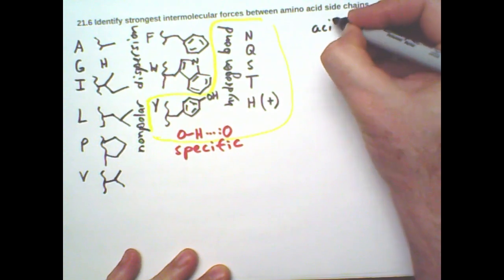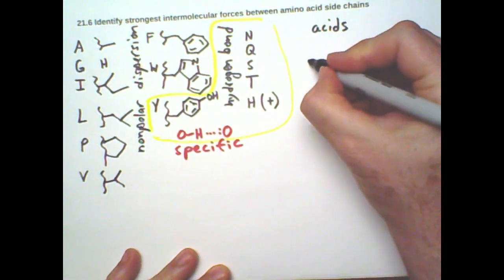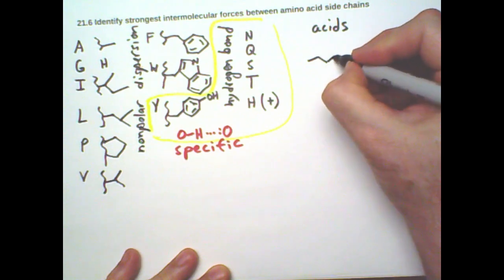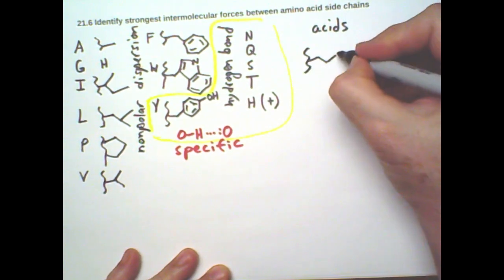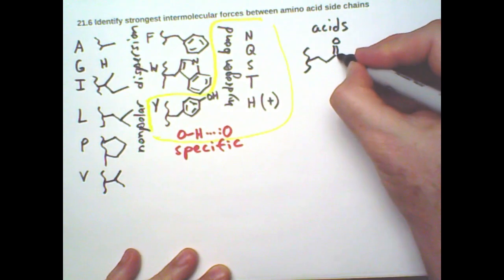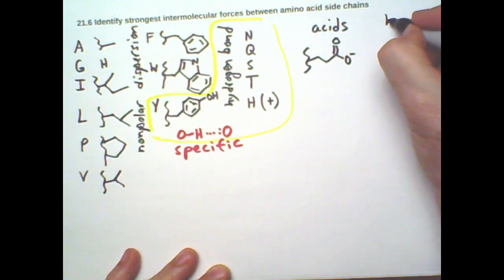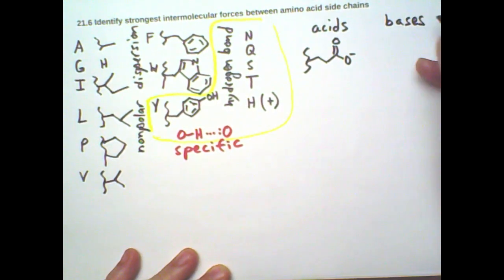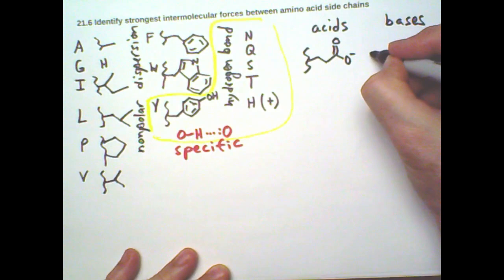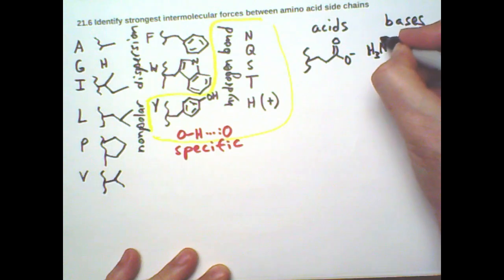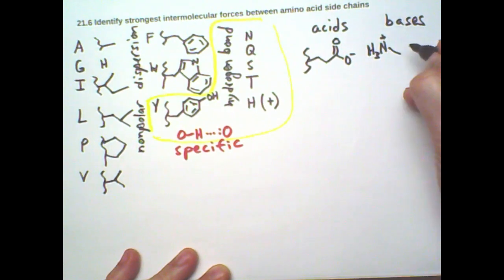If you've got one of the acids that has the carboxylic acid, I'll draw glutamic acid here. It's usually negatively charged in the body. And the bases, I'll draw lysine here.